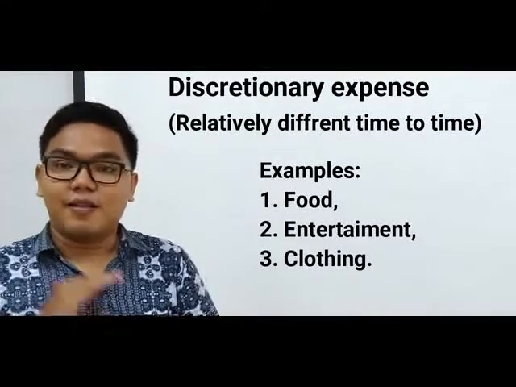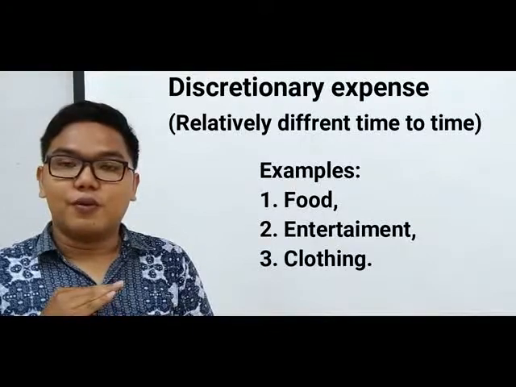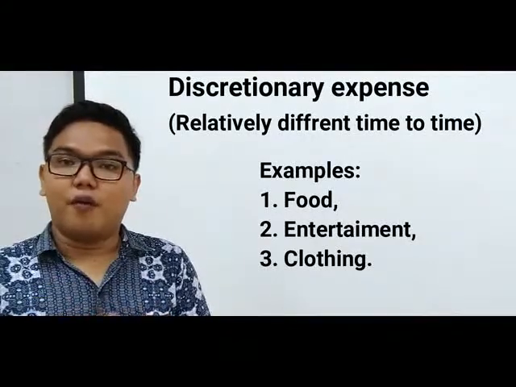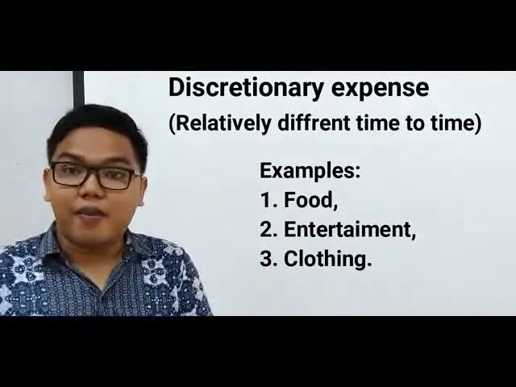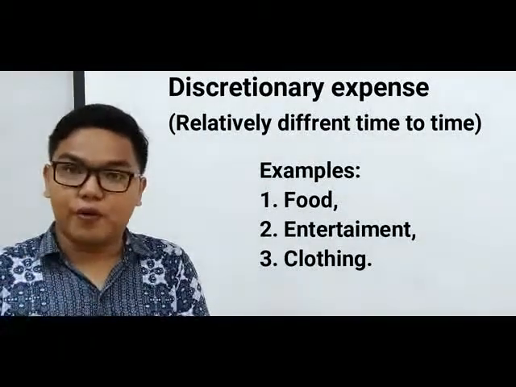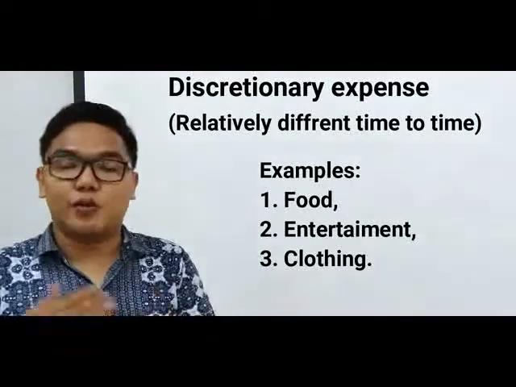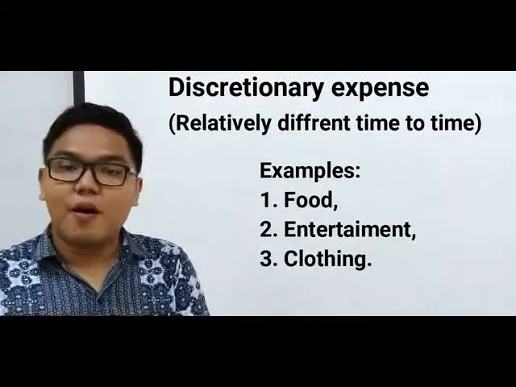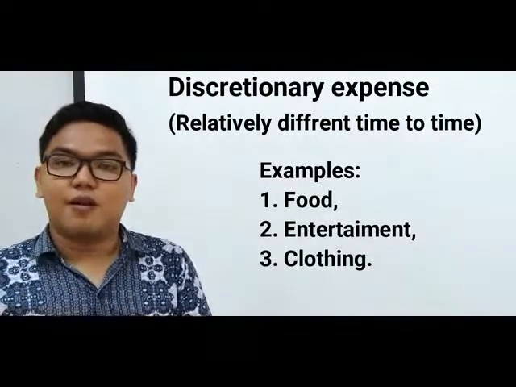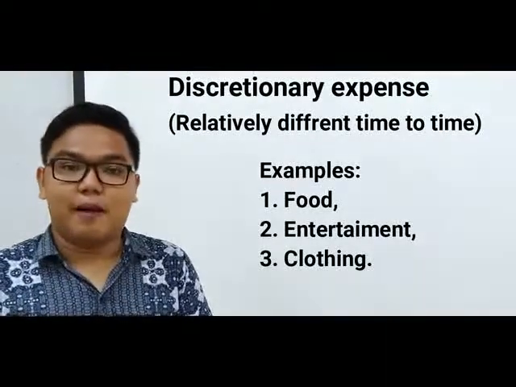For example, in this month, you spend like $1,000 for food. Next month, maybe you can spend less or more money for your food. That's what we call discretionary. It will depend on your behavior and your lifestyle in that month.